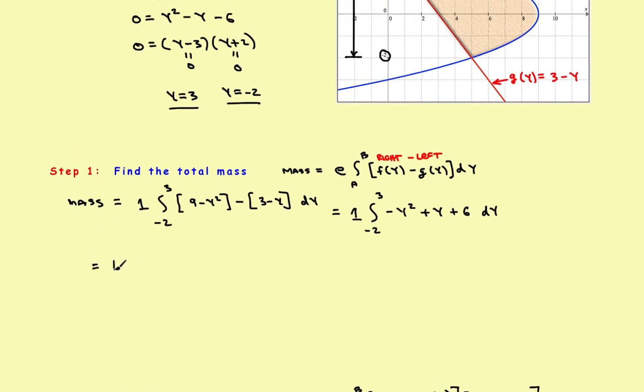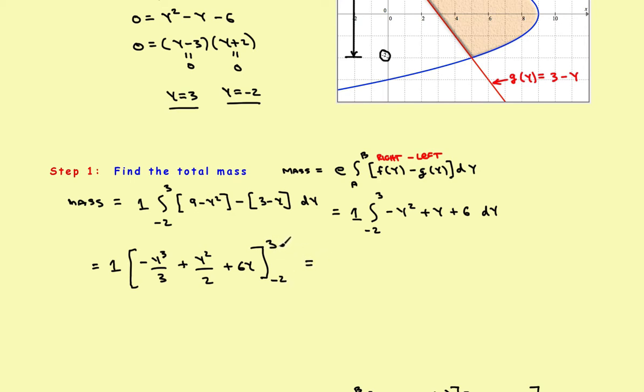So that's going to be 1 times the antiderivative of this, which is negative y cubed divided by 3, plus y squared divided by 2, plus 6y, evaluated from negative 2 to 3.